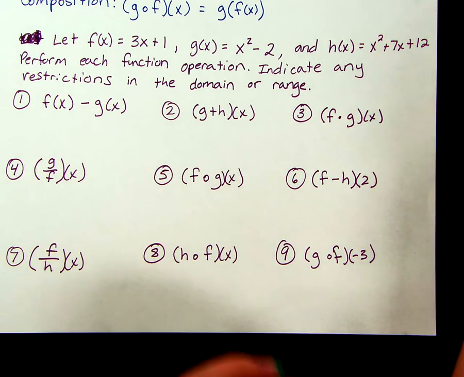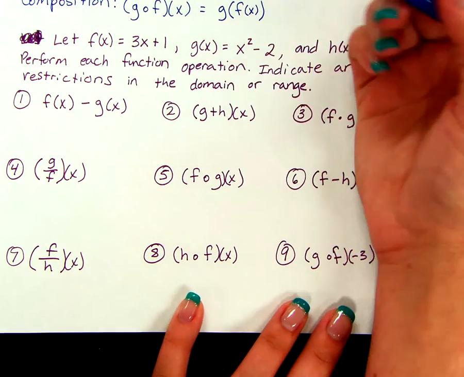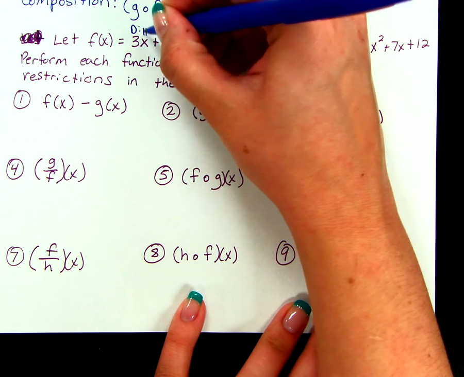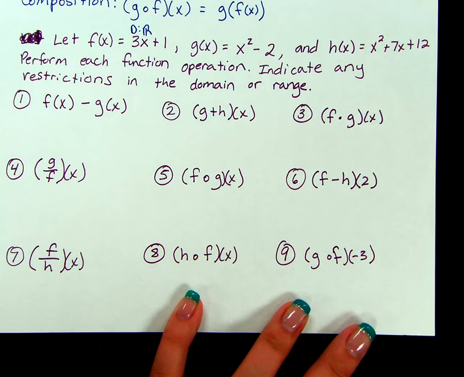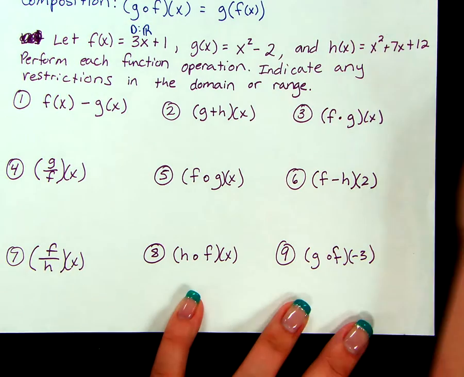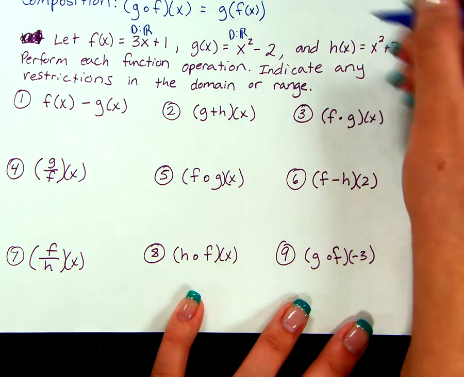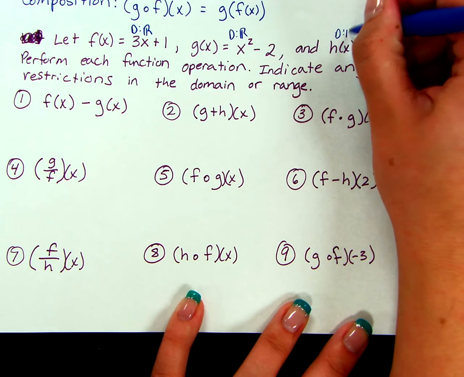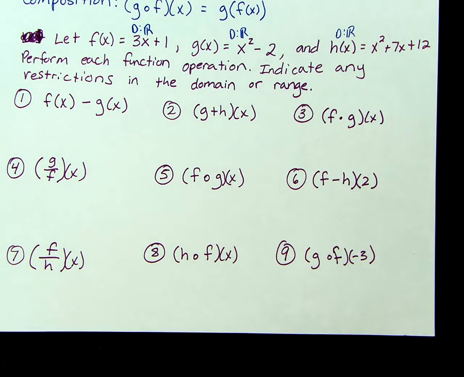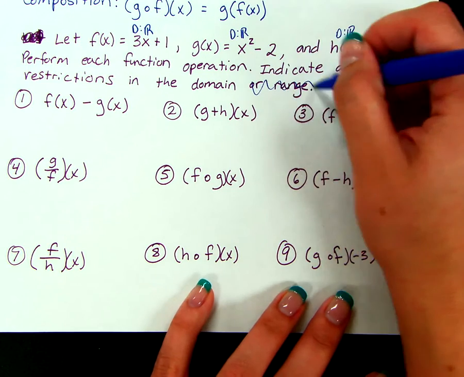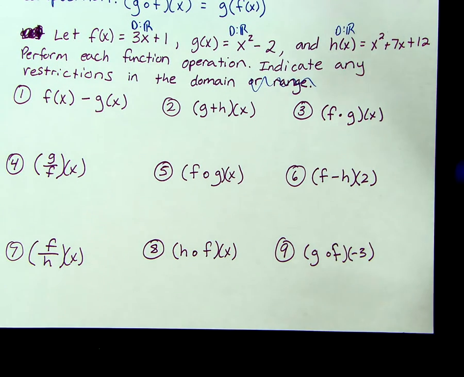Since this equation is linear, the domain is going to be all real numbers. Same thing for a quadratic equation. No matter what that quadratic equation is, the domain of it has to be all real numbers. It does say the range, but for this problem, we really only care about the domain. So we only are going to state restrictions on the domain.